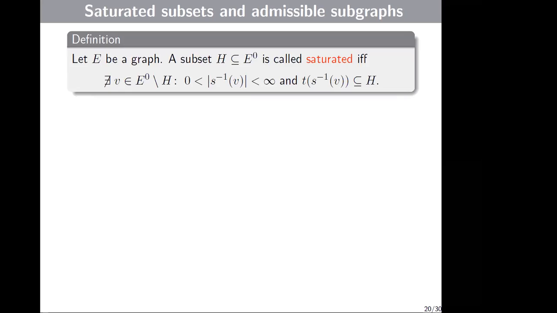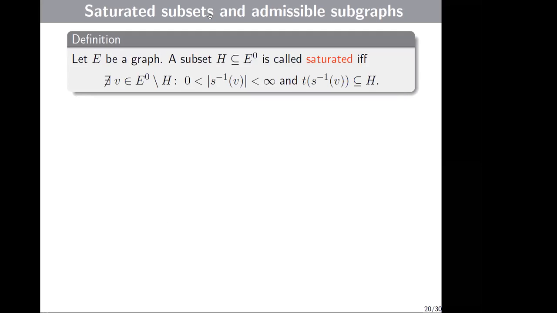So when do we call a subset in the set of all vertices saturated? Well, we call it saturated if there does not exist a vertex outside of this set with the property that it emits finitely many and non-zero arrows, and all these finitely many arrows go to this set H, okay? So that's the property.